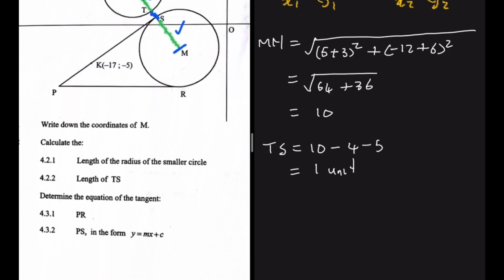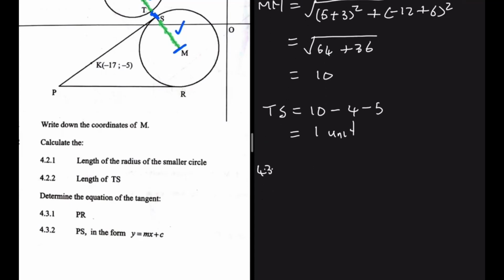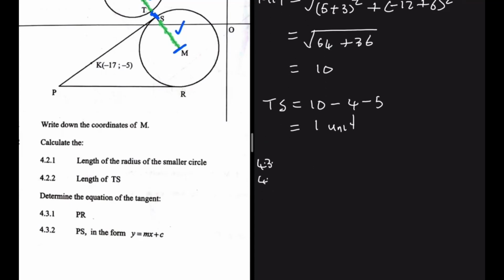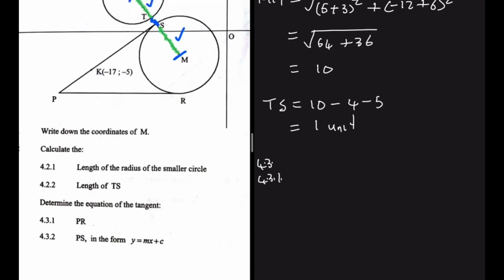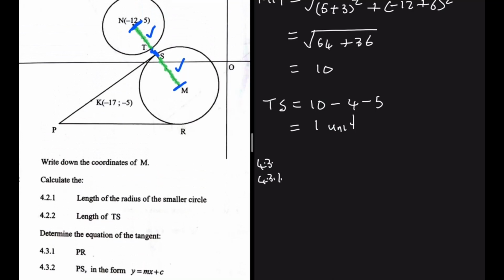Right. Let's move to 4.3. 4.3 is saying that let's determine the equation of the tangent PR. So we're looking for the equation of the tangent PR. So let's go ahead and look at PR. PR is this tangent right here.